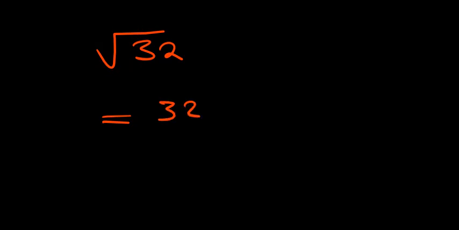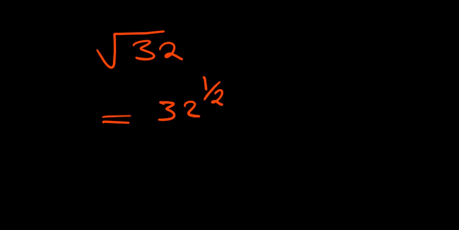What if they've given you the square root of 32? You express it as a power. So it's the same thing. For it to have a square root, meaning it was half, right? So 32 to the power half.